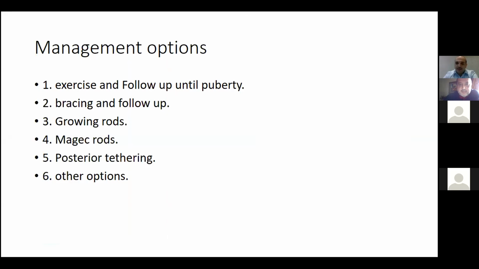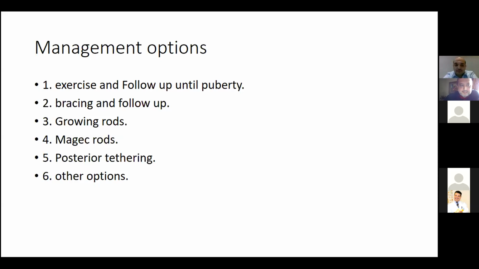Dr. Hassan? Yes, I will go for anterior tethering. I agree with Dr. Sami, because I believe we can use a new technique, applying screws and a flexible rod, which allows correction of the coronal and sagittal profile. With growing rod or magic rod, you can correct the coronal plane, but the sagittal profile will be passively affected. That's the disadvantage.